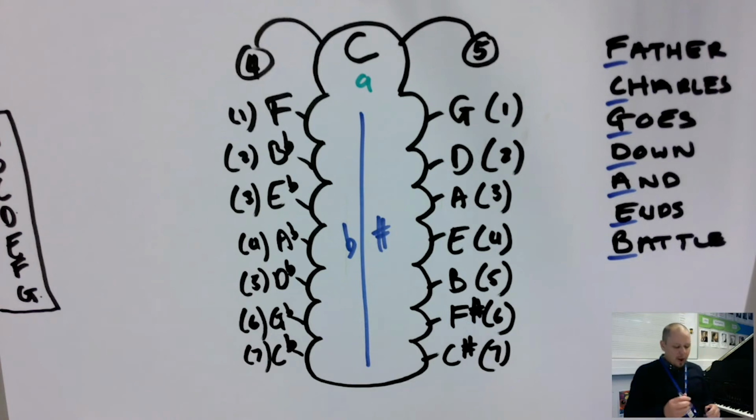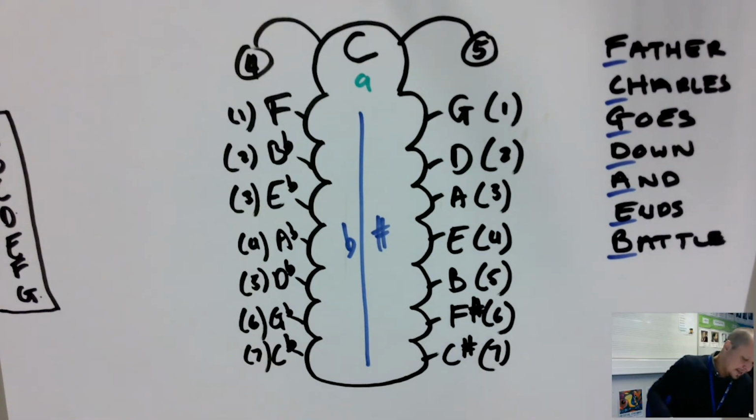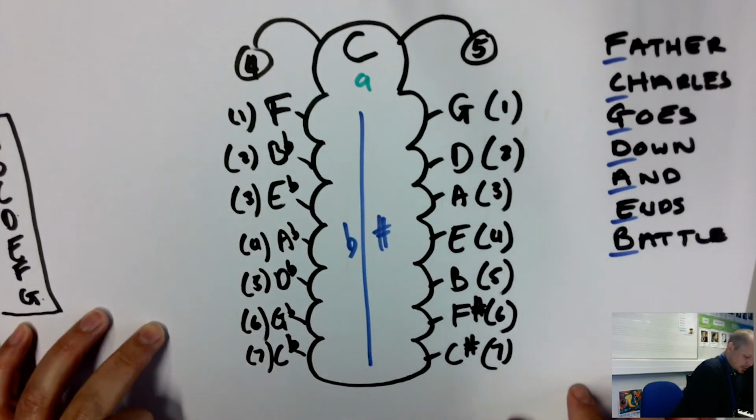Now, the wonderful thing, Father Charles, is that if we reverse it, that would be the order of the flats. That's why I use it. That's why I like it. So if we just go in reverse, we start at battle.